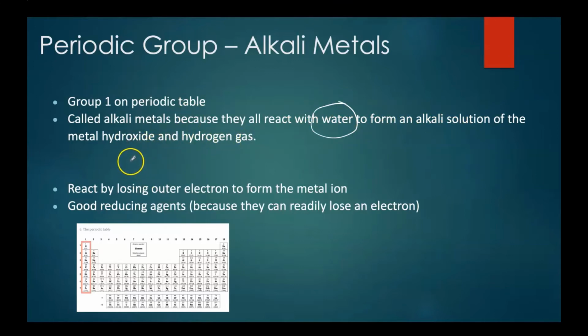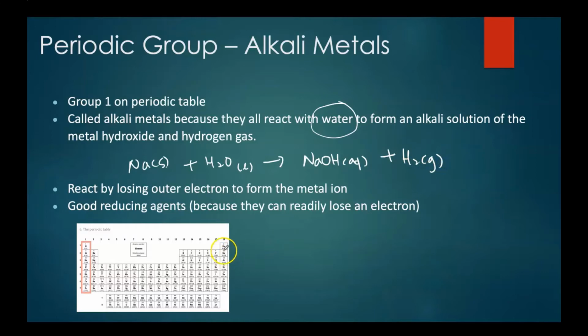If we have sodium from group 1, and the sodium reacts with water, which is liquid, they form a metal hydroxide, NaOH(aq), and hydrogen gas. They react by losing the outer electron to form the metal ion, and they're good reducing agents because they can readily lose an electron.